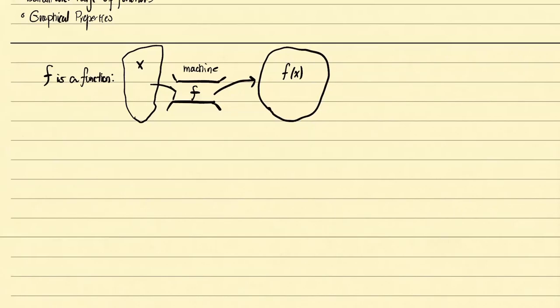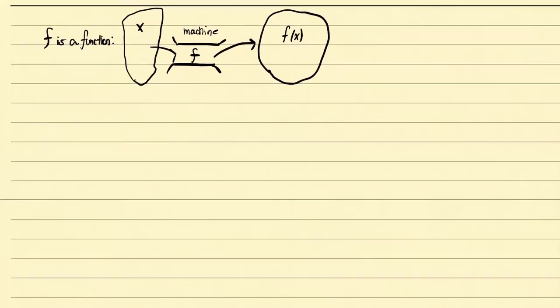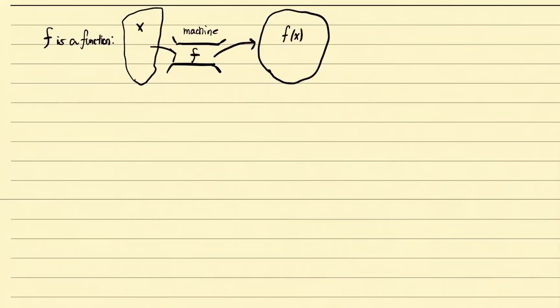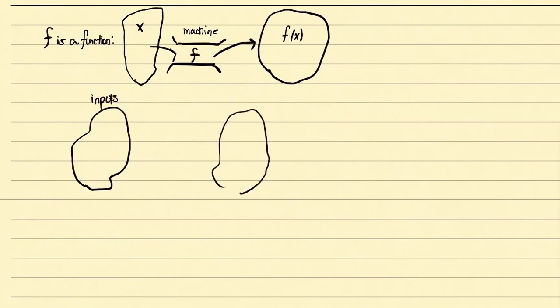And now what we can do is talk about what classifies something as a real function. And here is the big thing. So here are all of my inputs. And here are all of my outputs. So I'm not going to write the machine, I'm not going to write f.